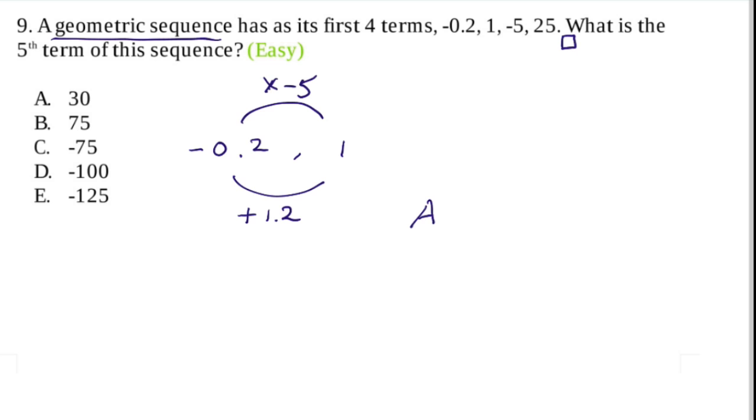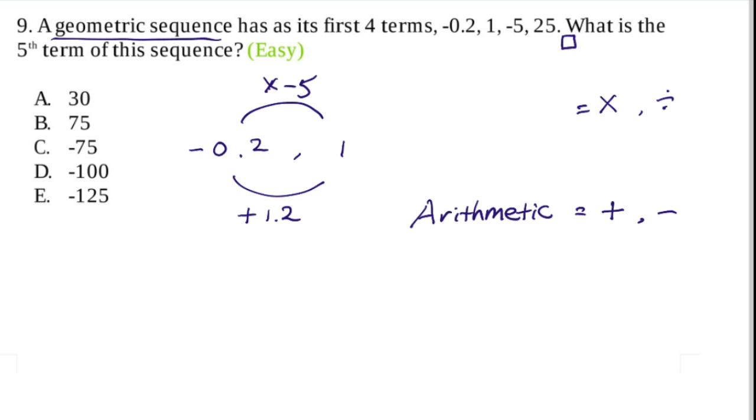Arithmetic sequence deals with patterns such as plus or minus. Geometric deals with multiplication and division. And here we are asked about a geometric sequence, so we can cross out the plus 1.2.